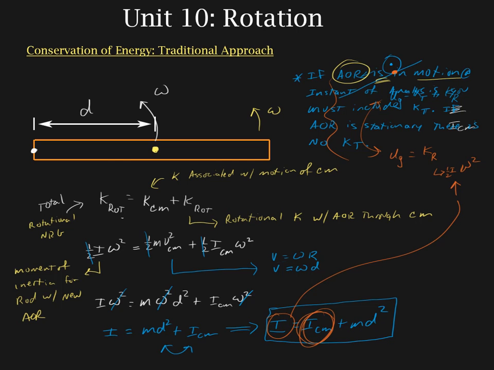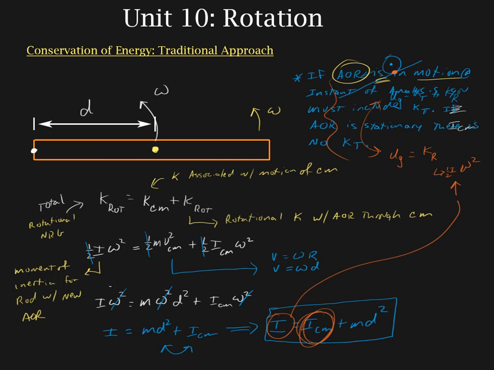And so if the axis of rotation is not going through the center of mass, and we are using the moment of inertia which is not through the center of mass, then we have included K translational within this new moment of inertia. It takes into account that we have translational kinetic energy. That's the best way I can explain it to you.